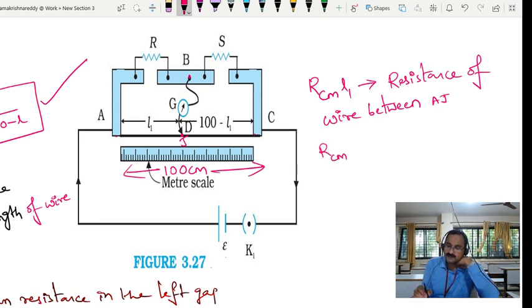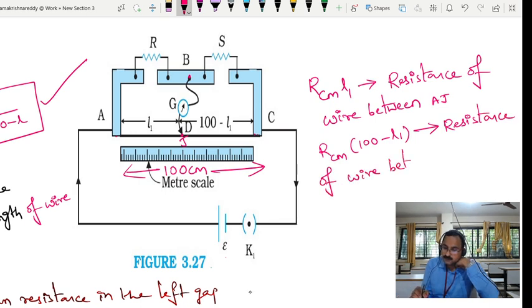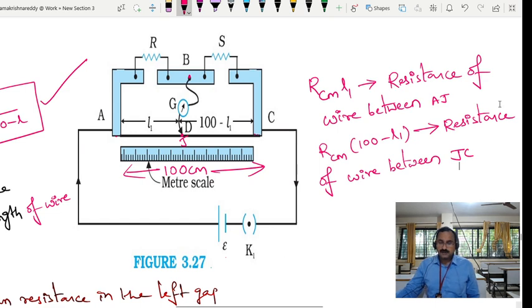RCM into 100 minus L1 is the resistance of the wire between J and C. So we get the resistances of the wire between AJ and JC.